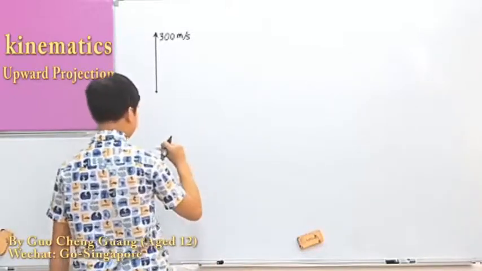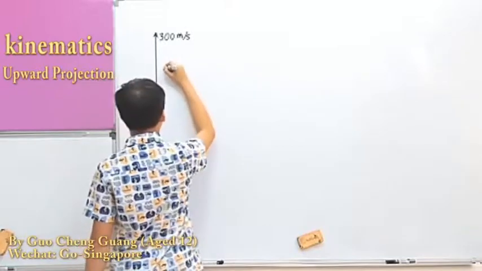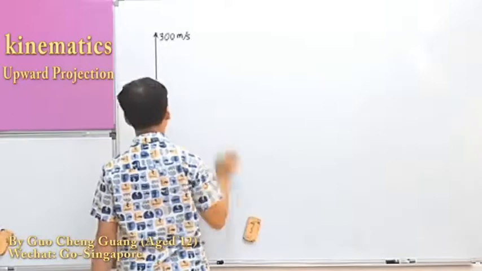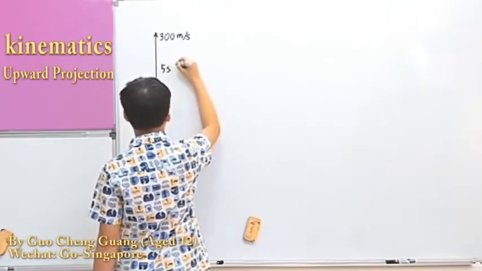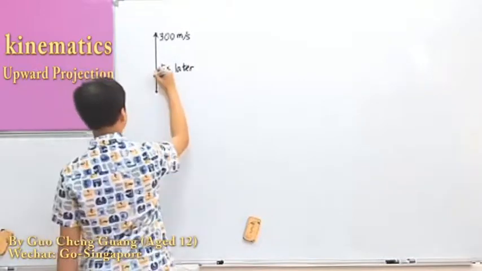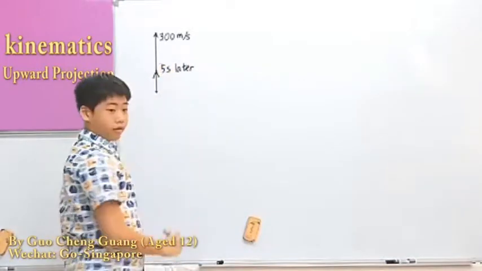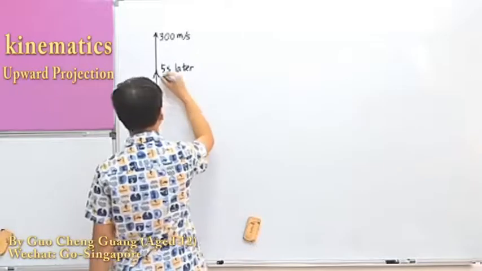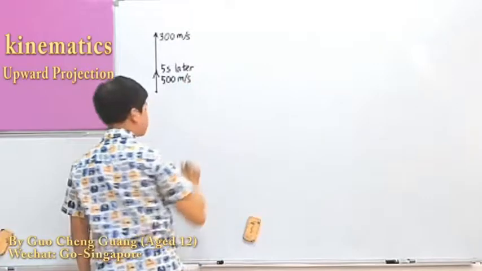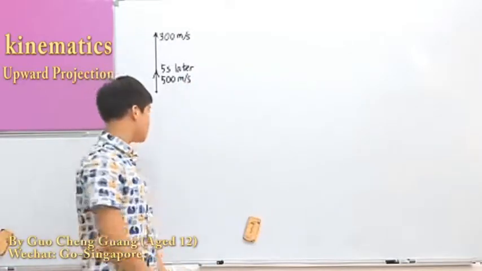Then after it waits, let me give a longer time interval, 5 seconds. So 5 seconds later, it shoots another one. For this second bullet, it shoots at a speed of 500 meters per second.